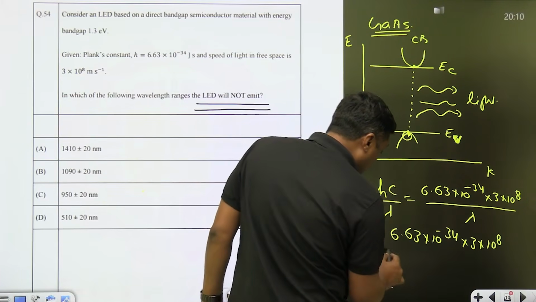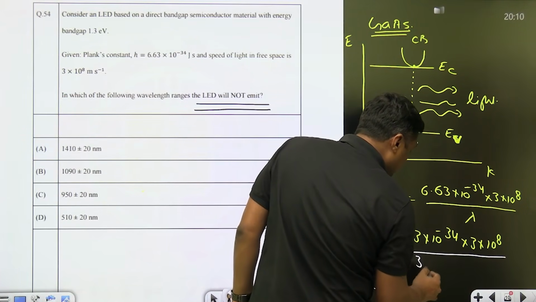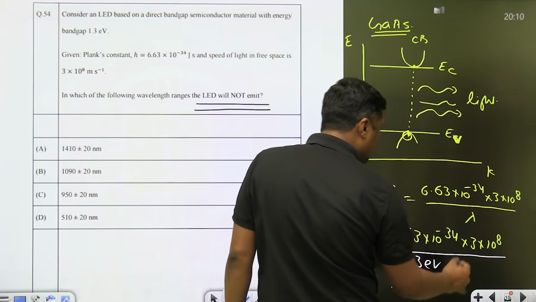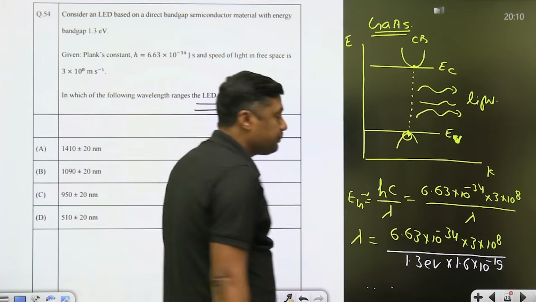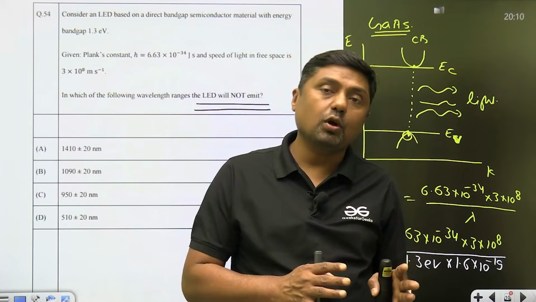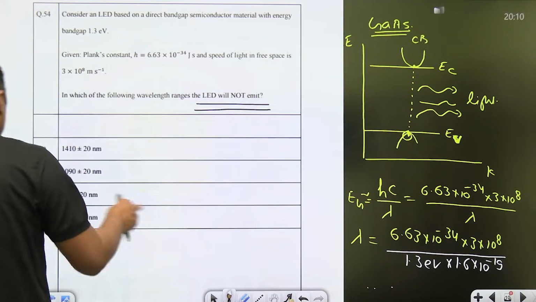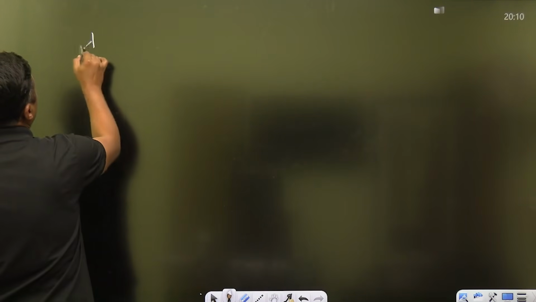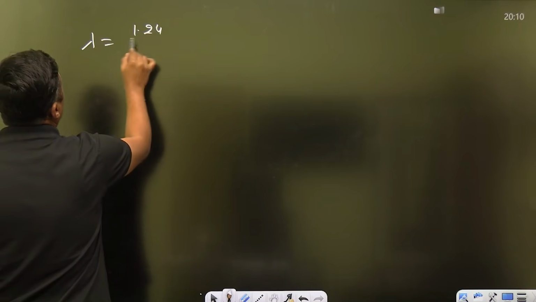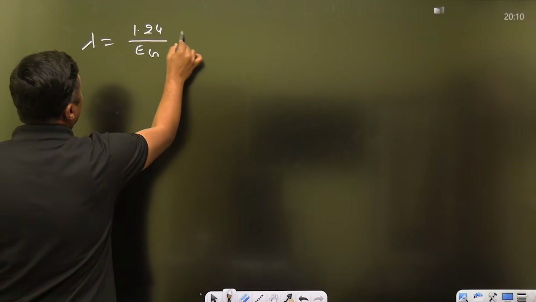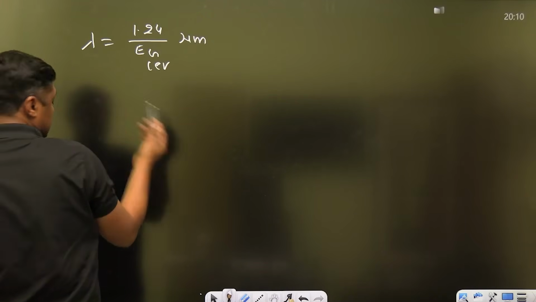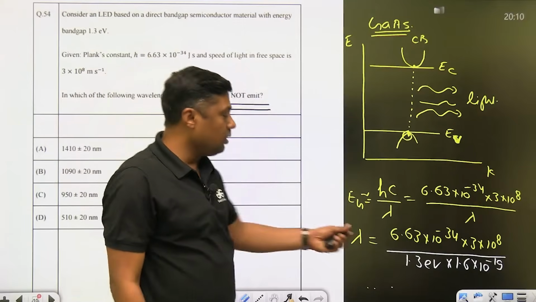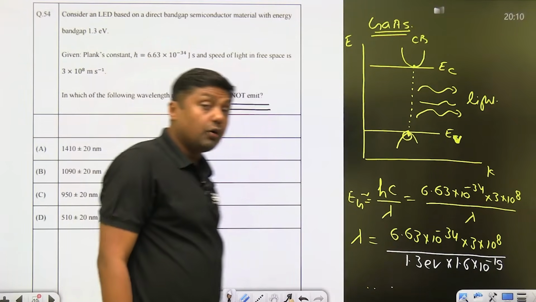When we divide by 1.6 into 10 raised to power minus 19 coulomb, it is converted into electron volt. So ultimately we get the formula lambda equals 1.24 upon Eg. Here lambda is in the range of micrometer and Eg should be in electron volt. You can arrange it, then you will get the formula.